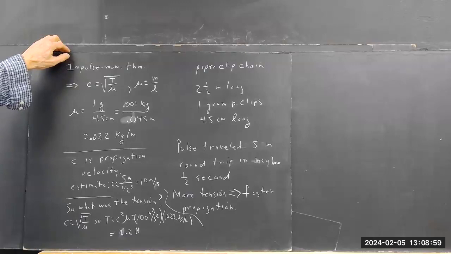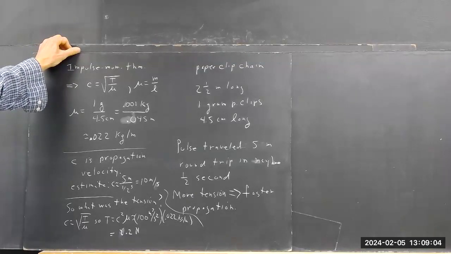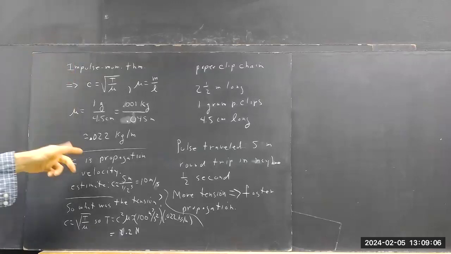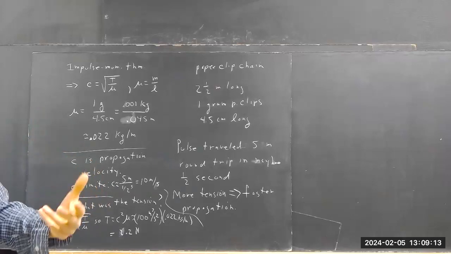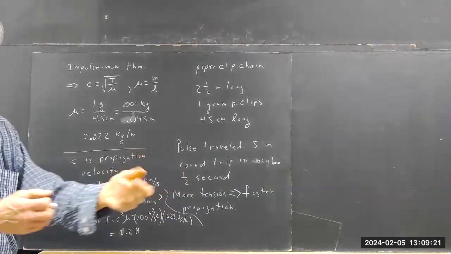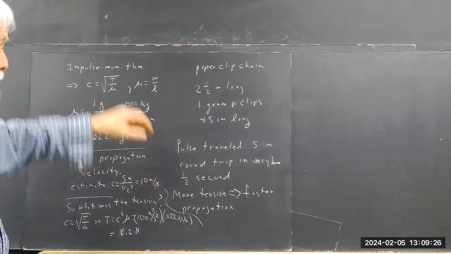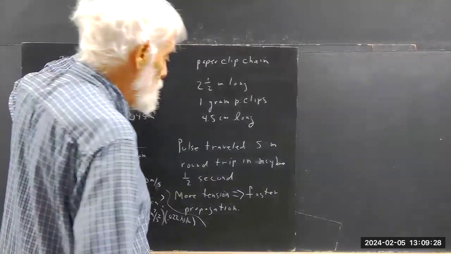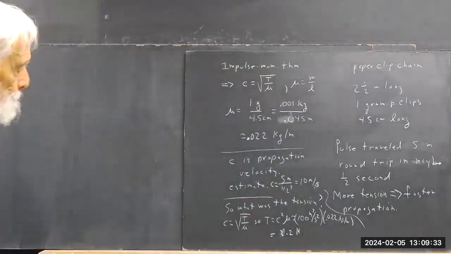Something's not clicking in my brain today. 2.5 meters times 0.022 would be exactly 55 grams. Okay. So what's wrong? Well, I didn't actually measure the length of the chain. I said it's about 2.5 meters. Maybe a little more, a little less. Figure out which.